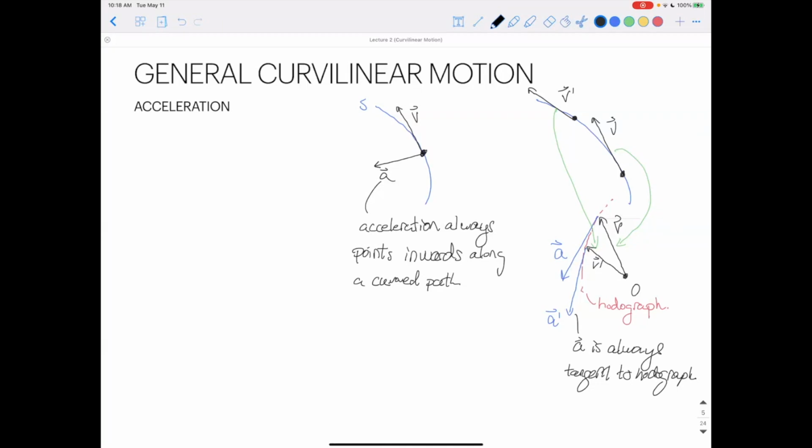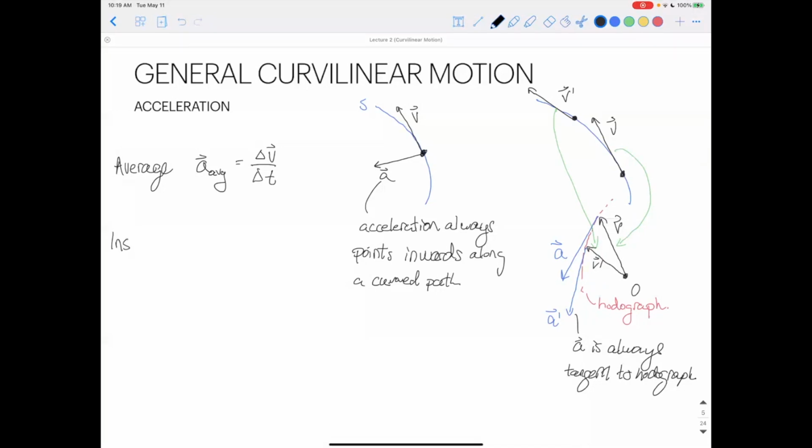How do we represent acceleration mathematically? By the exact same way as we did for velocity, we have an average acceleration and an instantaneous acceleration. We can define average acceleration as our acceleration vector with subscript avg, and that's equal to our change in velocity delta v over our change in time delta t.